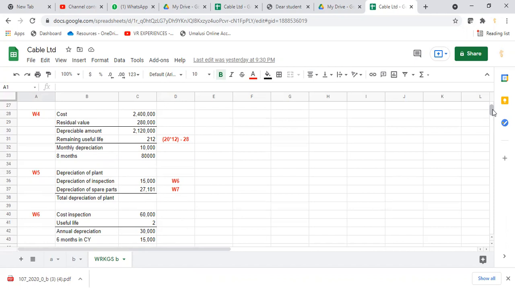But they told us in the question that spare parts is categorized as plant, and that is why spare parts is included in the plant balance. So included in the plant category, there are different types of assets. So there are two types of assets included in plant.